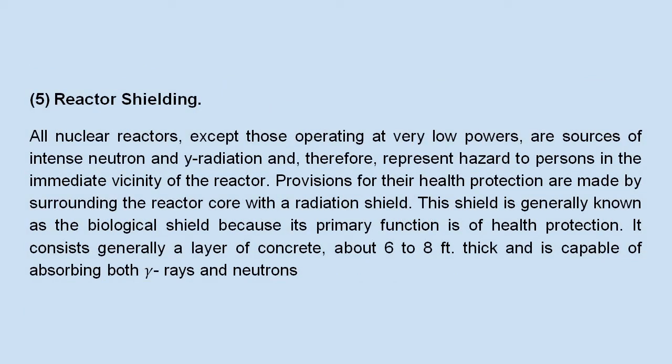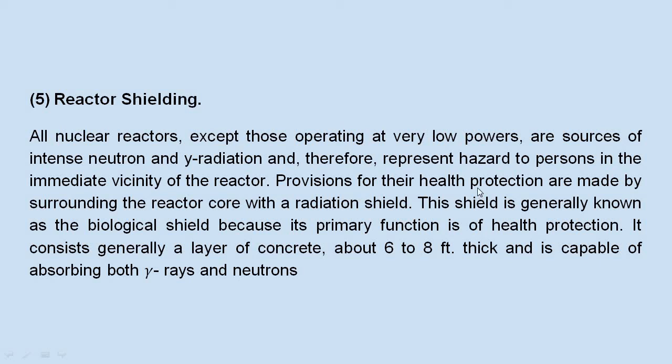Now, reactor shielding. All nuclear reactors except those operating at very low powers are sources of intense neutron and gamma radiation, and therefore represent hazard to persons in the immediate vicinity of the reactor.